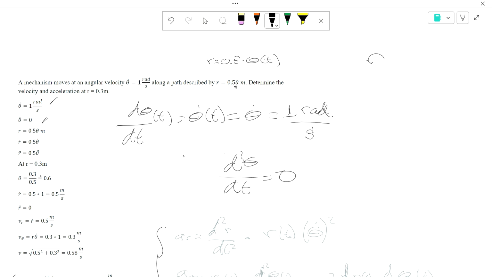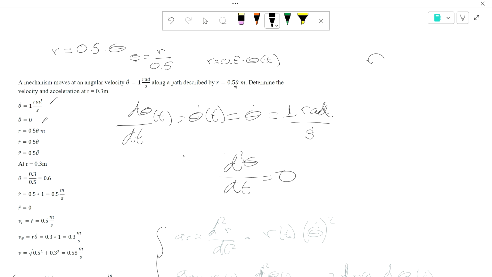It's very simple, because if you know that r, the radial displacement, is equal to 0.5 times theta, then your theta is r divided by 0.5. So whatever r you have, you can have your theta.